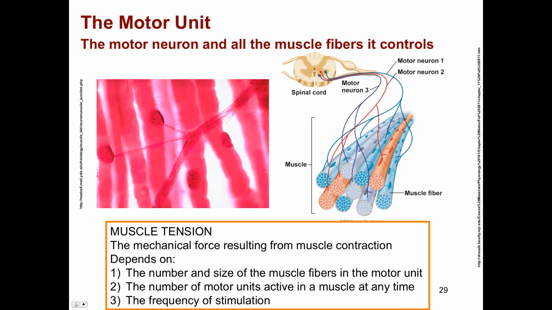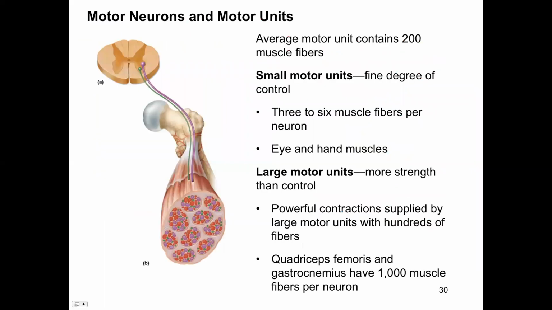We'll talk a little bit more about that. So here you have your difference between small and large motor units. Small motor units: fine degree of control, but not much strength. Large motor units: lots more strength than control.